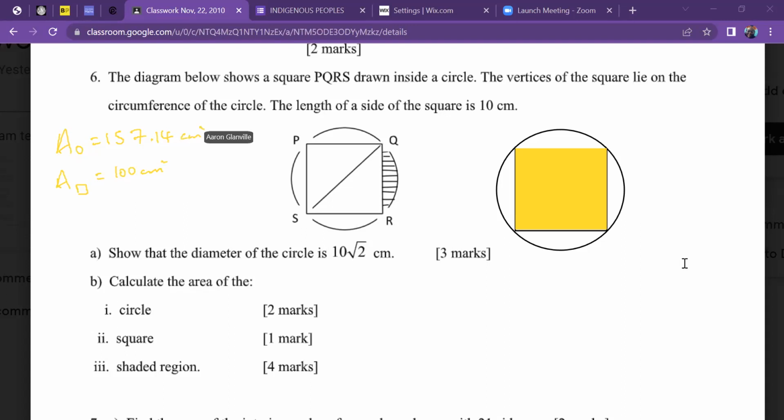Okay, so if I subtract the area of the square from the area of the circle, I will only be left with these areas, right?